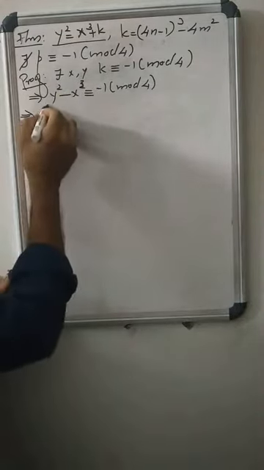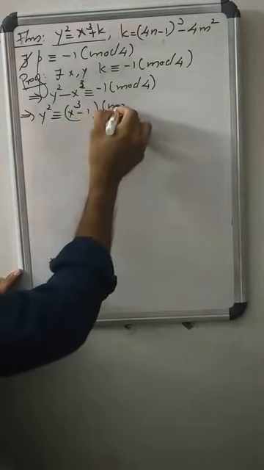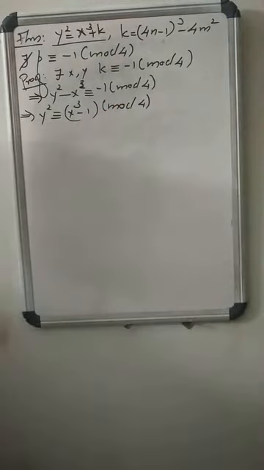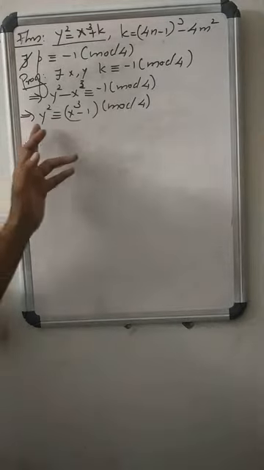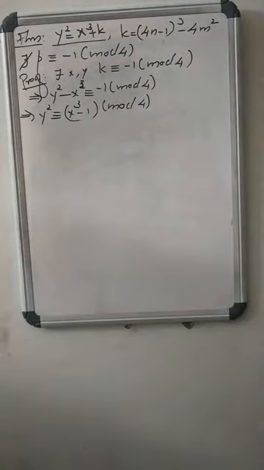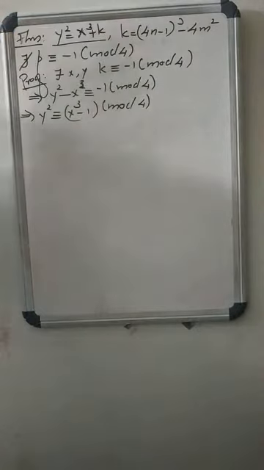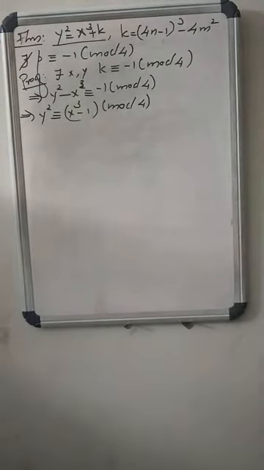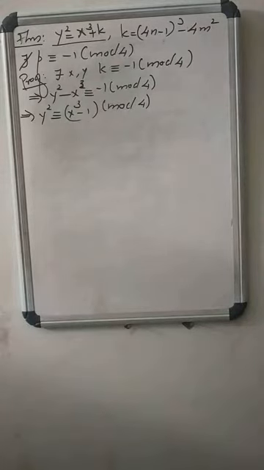That means y square is congruent to x cube minus 1 mod 4. We assume there exist two solutions x and y which satisfy this condition with k congruent to minus 1 mod 4, but instead of k, here it is y square minus x cube. So there exist solutions x and y with y square congruent to x cube minus 1 mod 4.